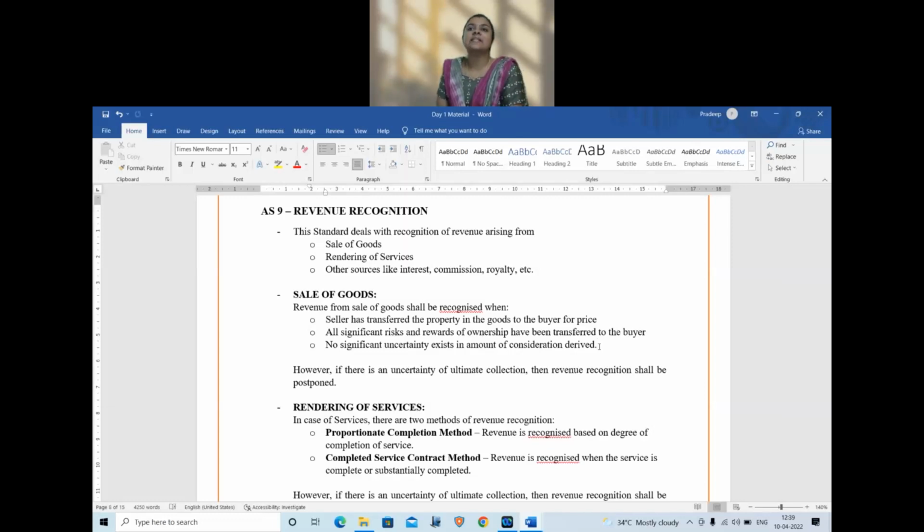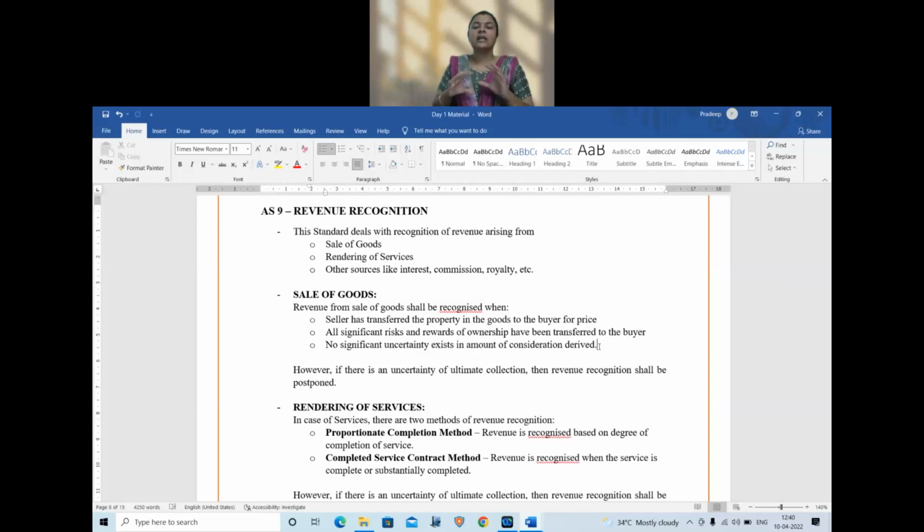So, if there is uncertainty, which means you have done your transfer, the risk and rewards have been transferred, but you do not anticipate the money to be collected, then in that case, should I recognize the revenue? No. Revenue recognition should be done only when the money is actually collected. So if there is uncertainty, revenue recognition has to be postponed.